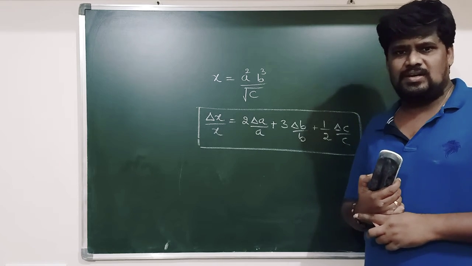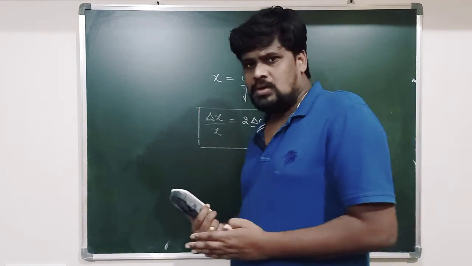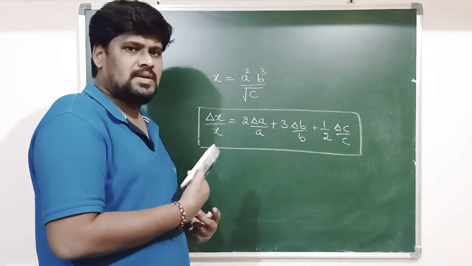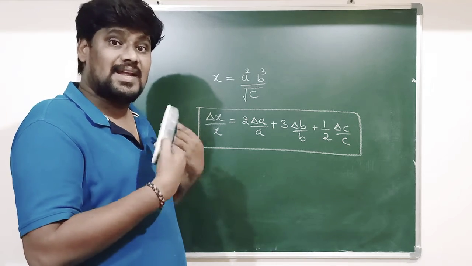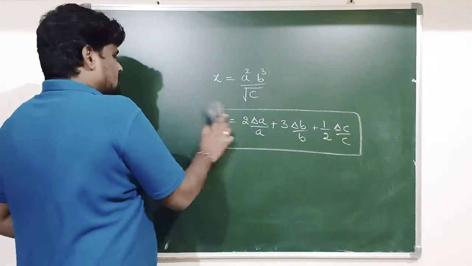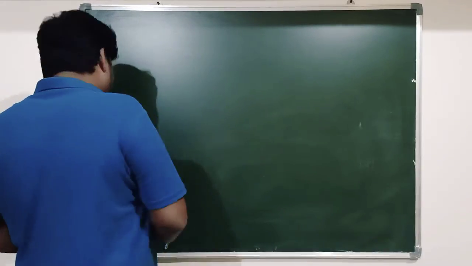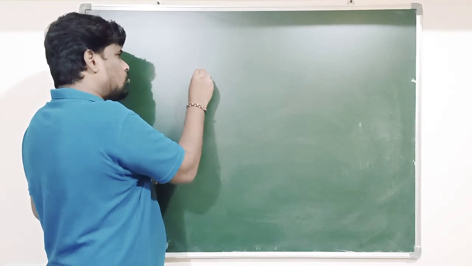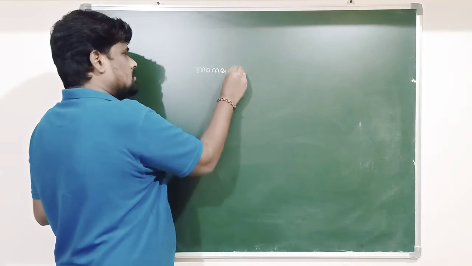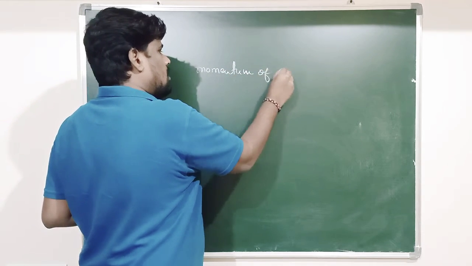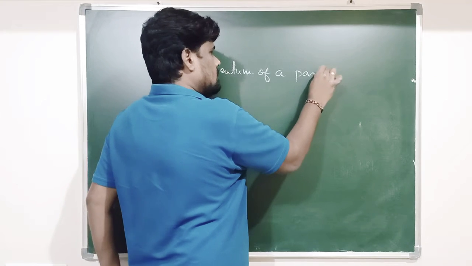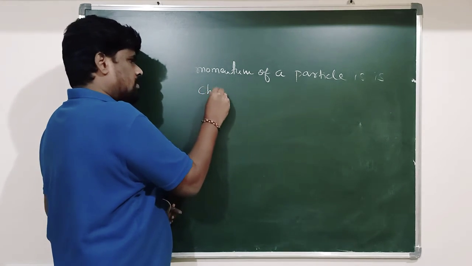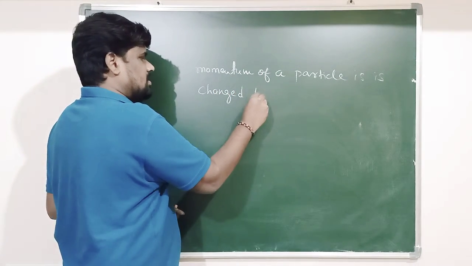in some of the physical quantities. So I will let you know this concept by taking some examples which are in other lessons of the PUC first year syllabus. Say for example, I have one example here, that is momentum of a particle. Momentum of a particle is changed by 2%.